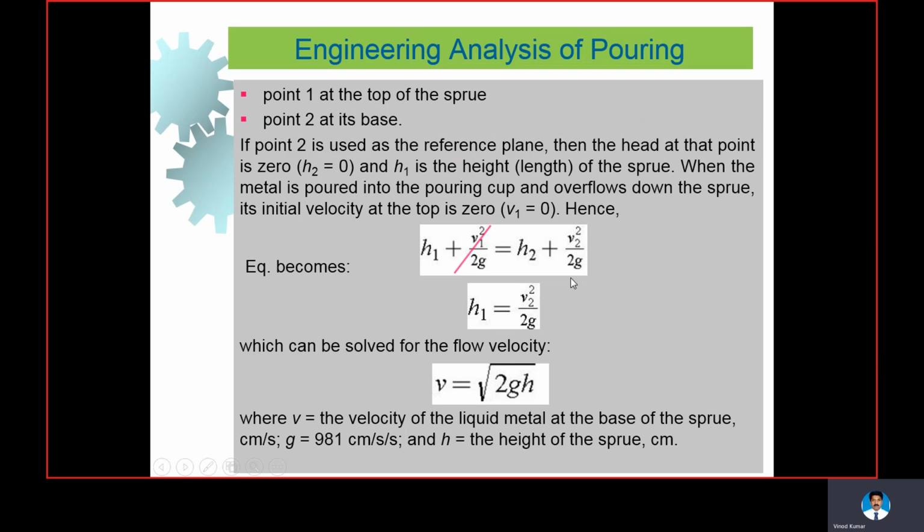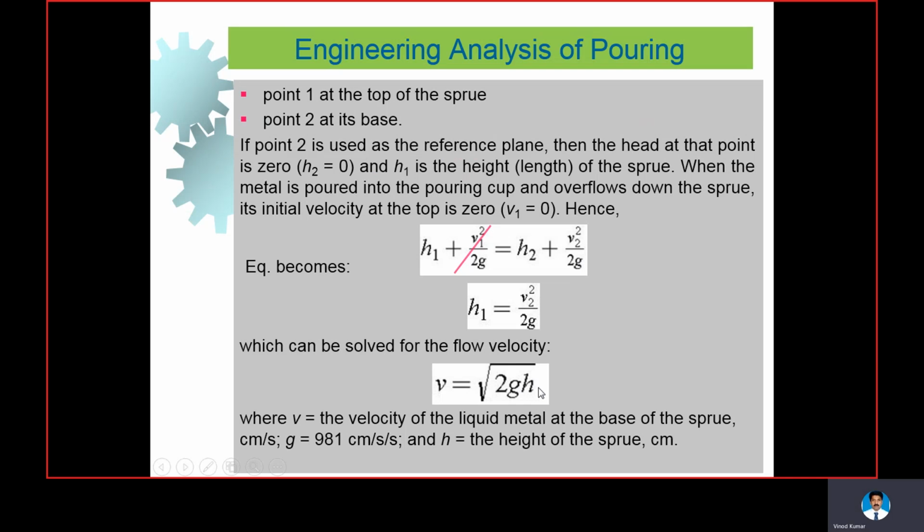So H1 can be written as V2 square over 2G. So the velocity at which molten metal reaches the bottom side of the sprue, V, is equal to square root of 2GH, where G is the acceleration due to gravity and h is the height of the sprue.